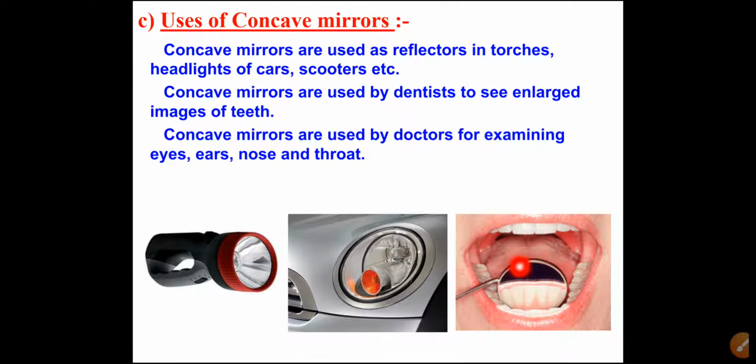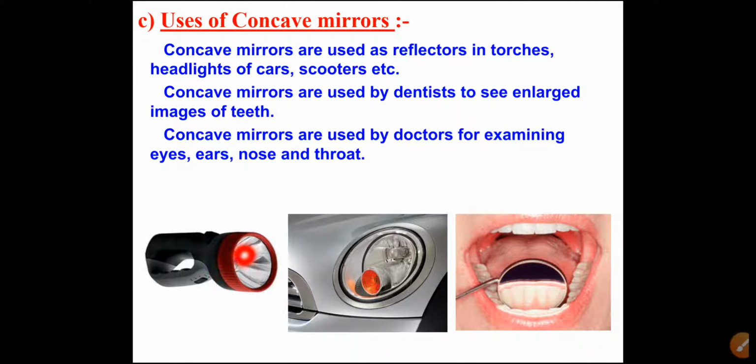Because in the concave mirror we can see an enlarged image of the teeth or of the object. Actually our teeth are small in our mouth, but when the doctor examines our teeth with the concave mirror, they can see an enlarged image. So doctors use this type of concave mirror to check eyes, ears, nose and throat.